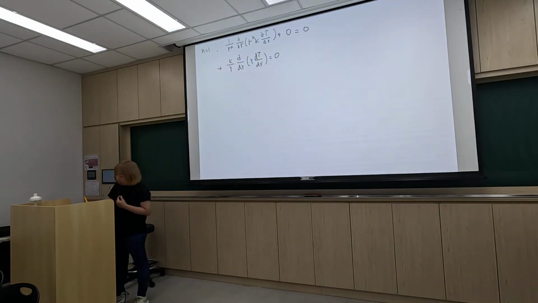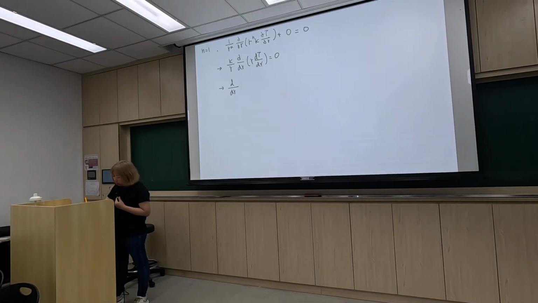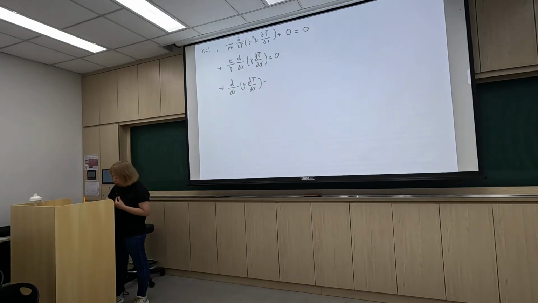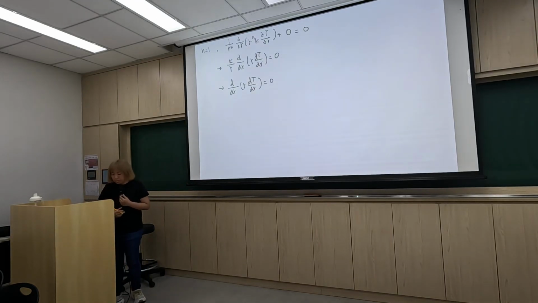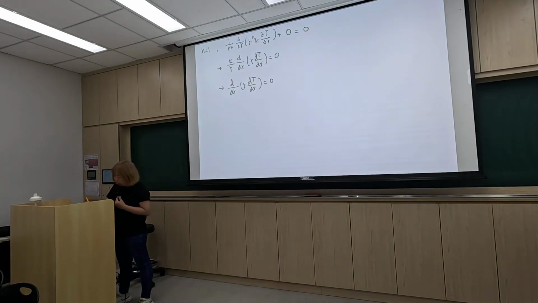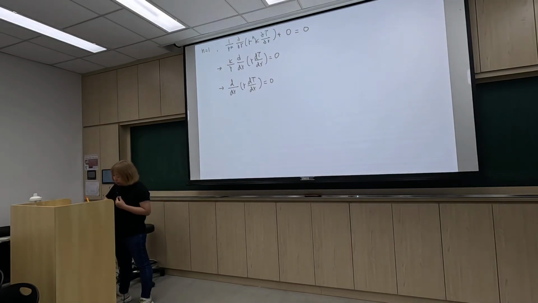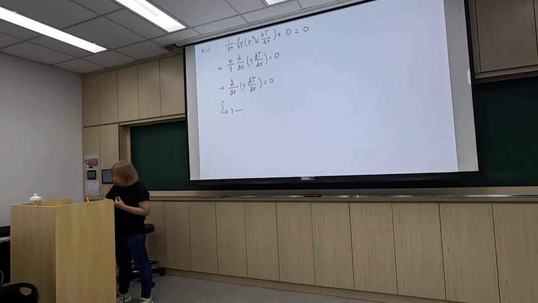Okay, then we get rid of the term in the front. Then we can do the first integration. Sorry, I should write it down like this. We just integrate the first time, so it will become this.